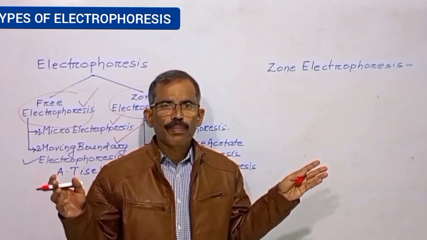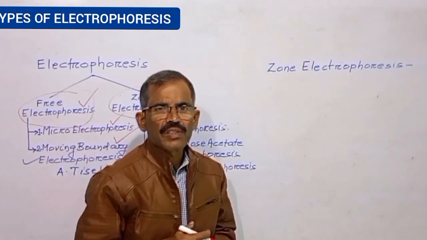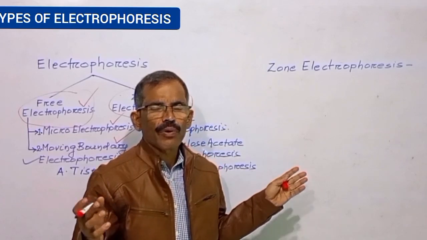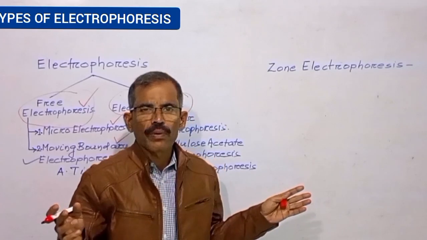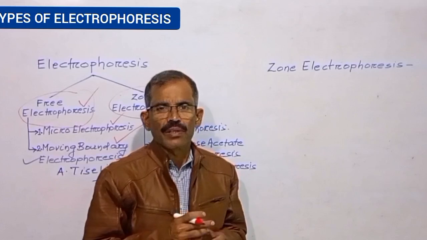The second type of electrophoresis is zone electrophoresis. It is more efficient than free electrophoresis. A few microliters of sample is sufficient for complete separation.